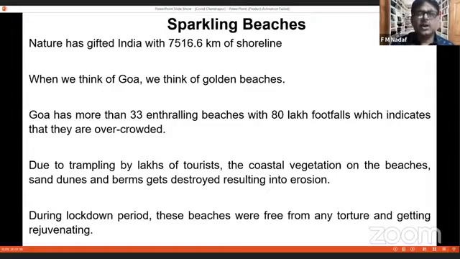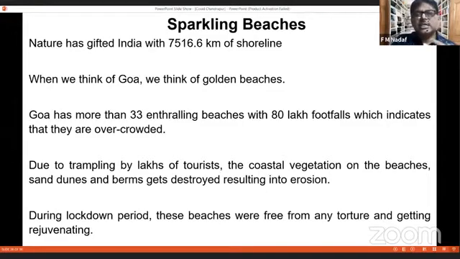Imagine 33 beaches which are overcrowded, beyond carrying capacity, when 80 lakh people are putting pressure on the sand dunes, the berms, the beaches, the coastal vegetation.